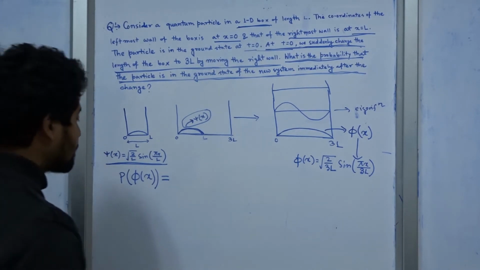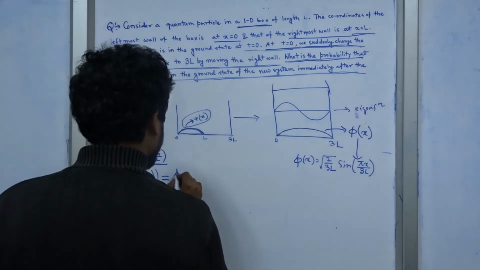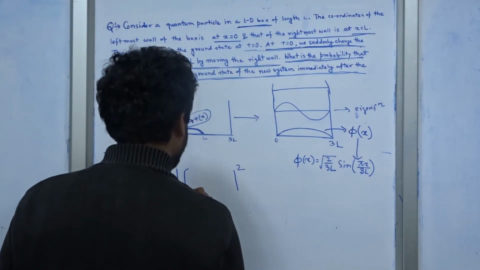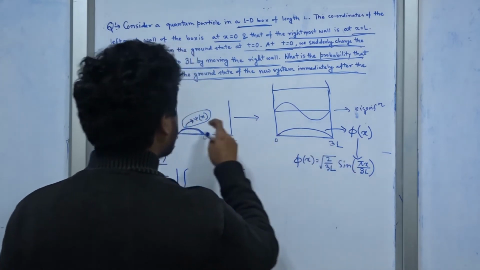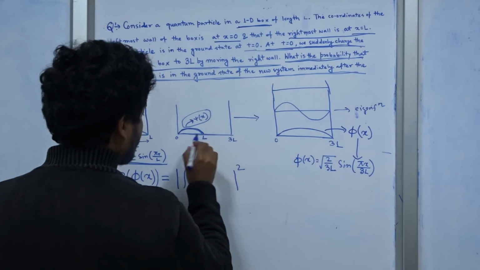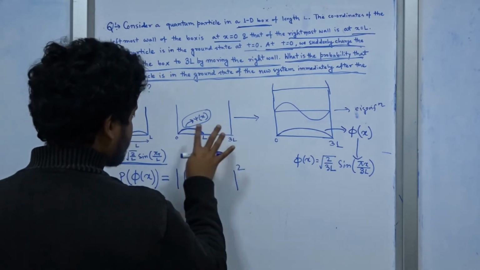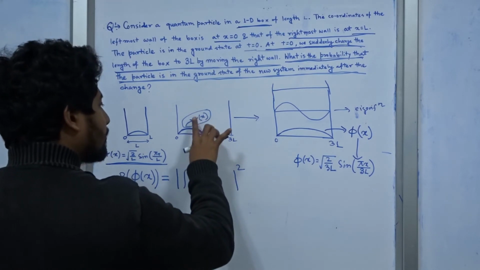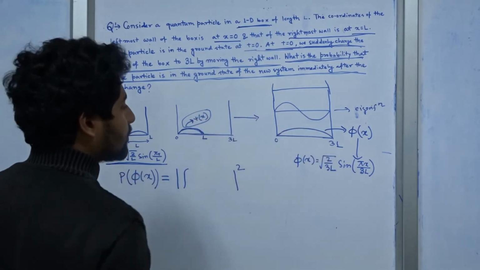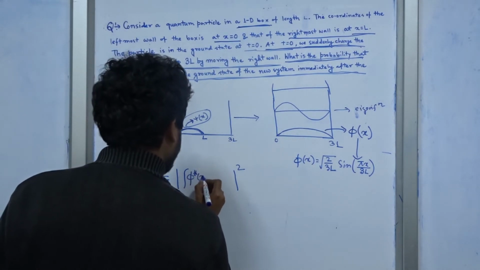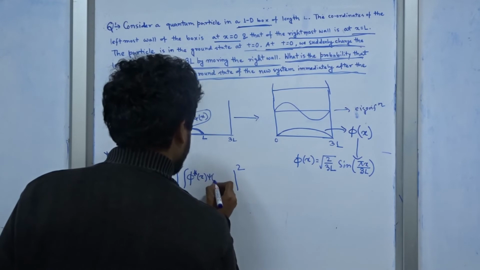So how to find this probability? Mod square will come, obviously. Now I need to take the projection of this wave function onto this wave function, because this is the wave function of the particle inside this box. What is the possibility of this wave function to remain in this state? So I need to take a projection of phi of x onto this psi of x.